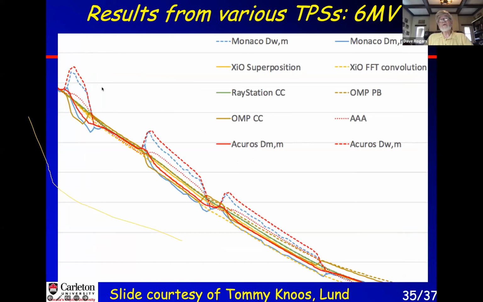You can see that the different treatment planning systems give you different doses as a function of depth. And so it's clear that the ones like this one here with the dashed line, this is the Acuros dose to water and medium, where they've used this 1.12 stopping power ratio.